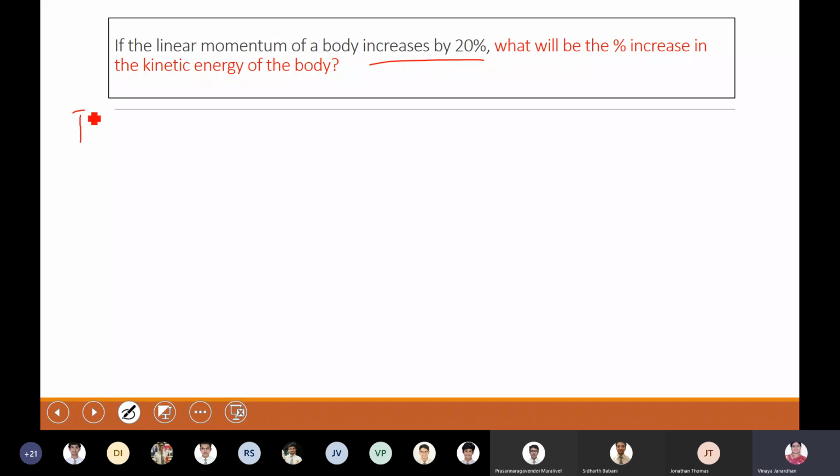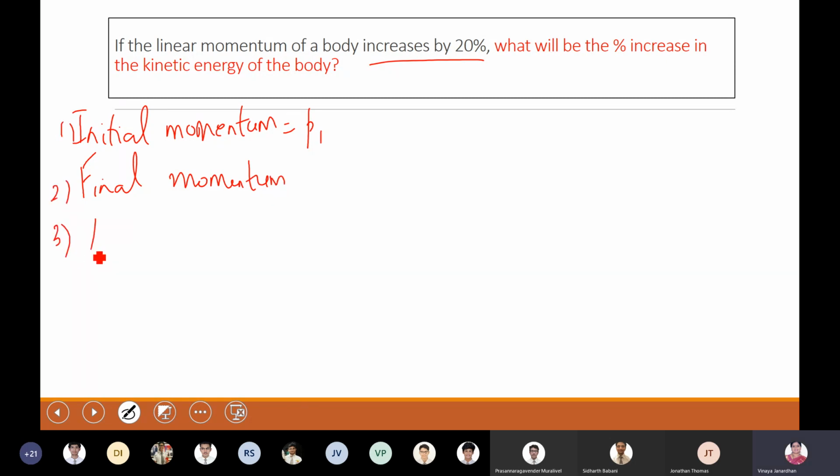So you have to go for initial momentum, then go for final momentum, that will be the first step. Second step, third one is relation between kinetic energy and momentum.